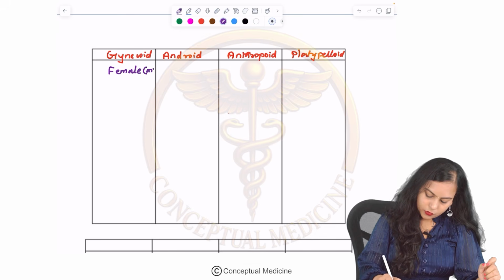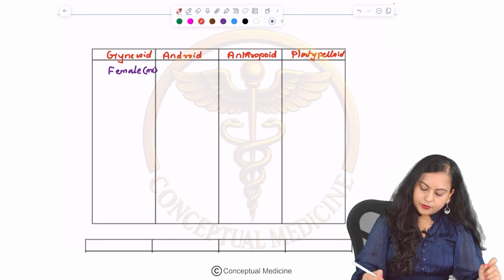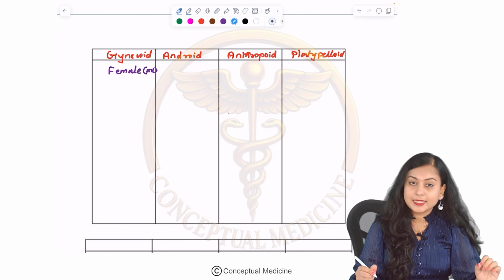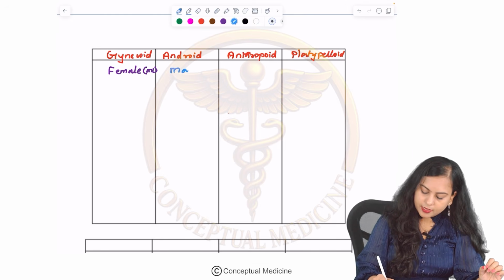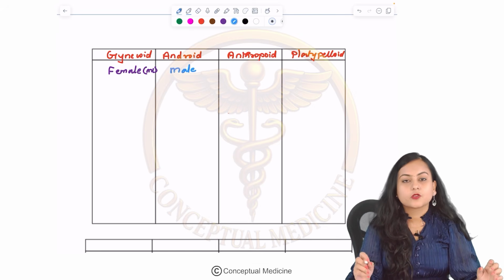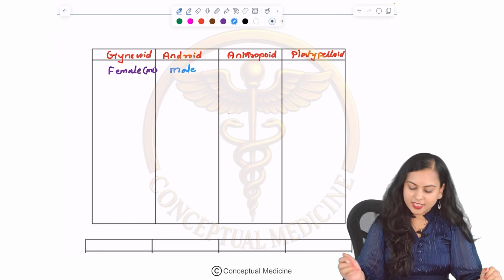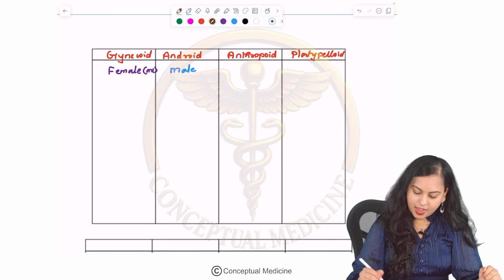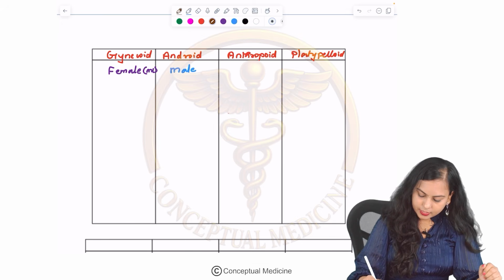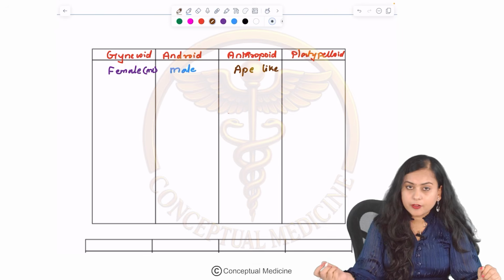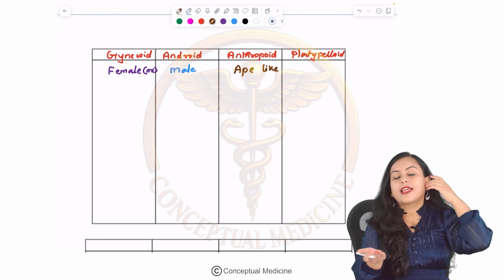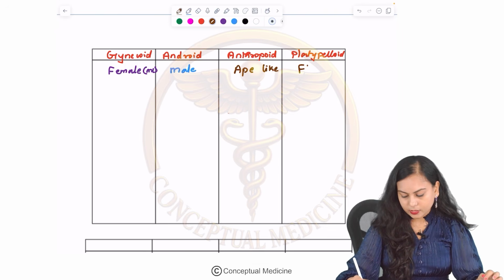Android pelvis is the male type pelvis. This has a heart shape in it, so the boys have a good heart. Anthropoid pelvis is an ape-like pelvis, and platypelloid pelvis is flat, a flat bowl-like pelvis.